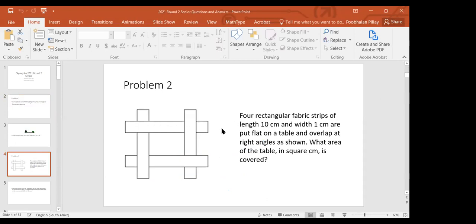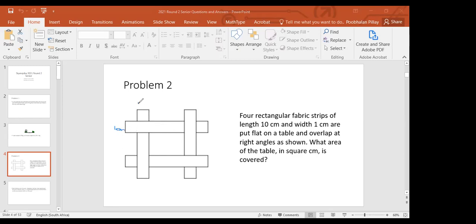Okay, so the next problem says you've got this picture here, 4 rectangular fabric strips of length 10 centimeters. So the length of each of these strips is 10 centimeters and the width 1 centimeter. Okay, so let's just record that. So this is 1 centimeter, that's the width.